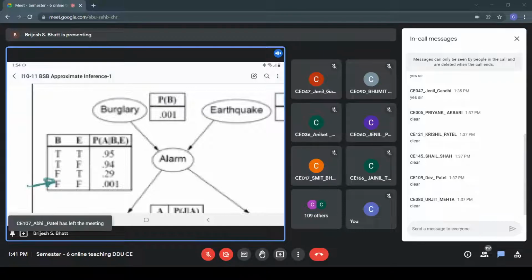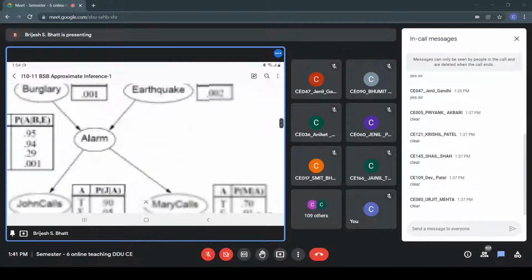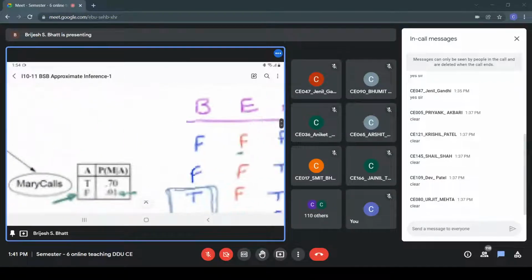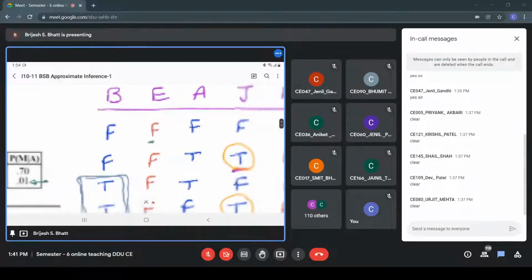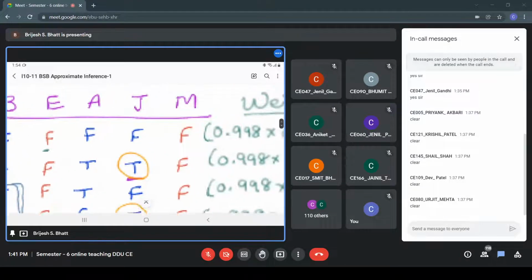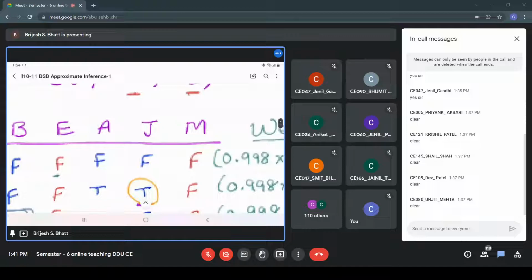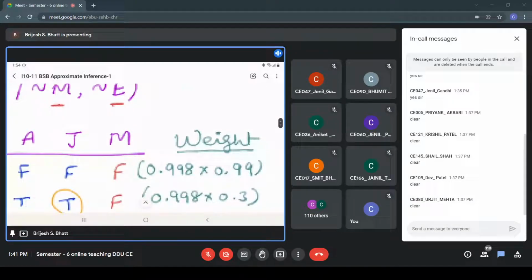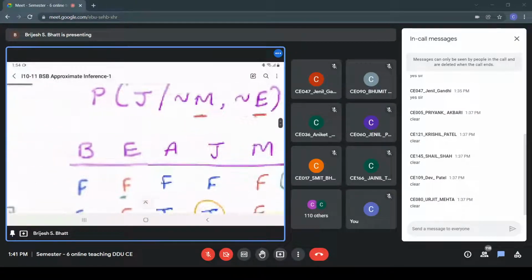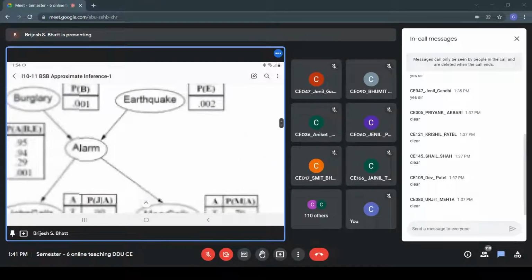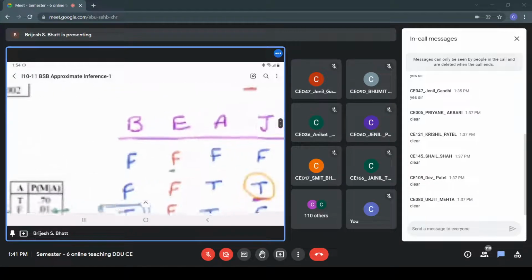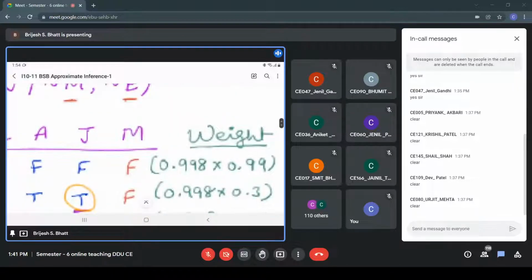So alarm is true with a probability of 0.001 when B and E are false. So alarm will be false with a probability of 0.999. Yeah, 0.999.